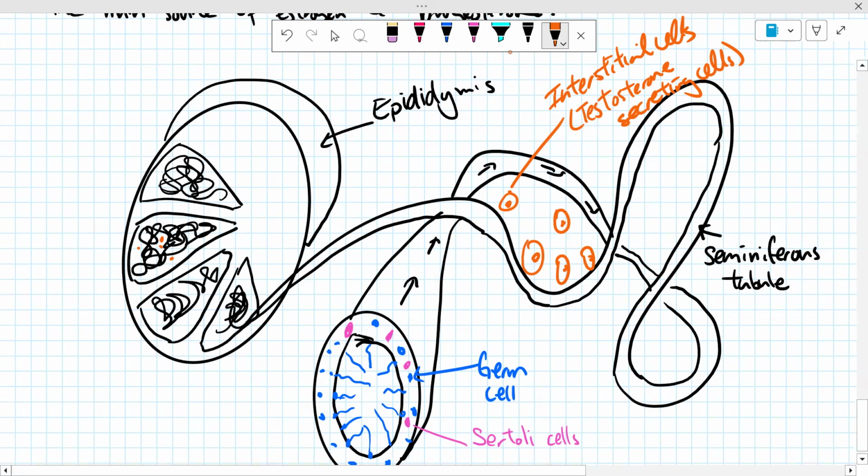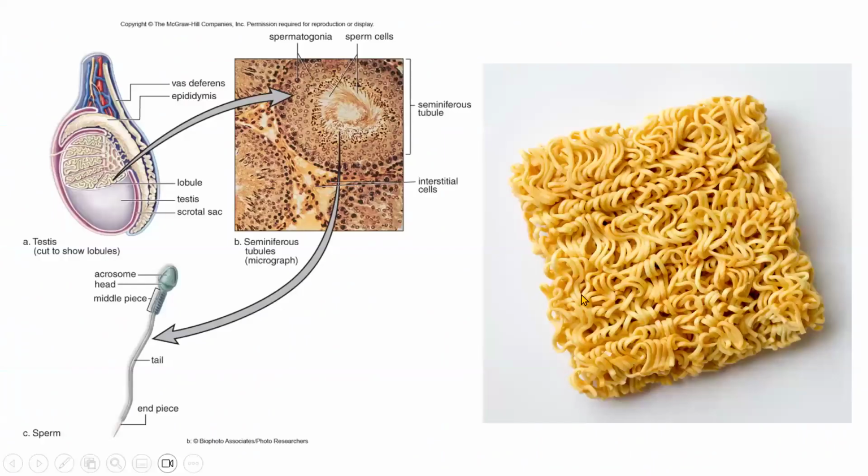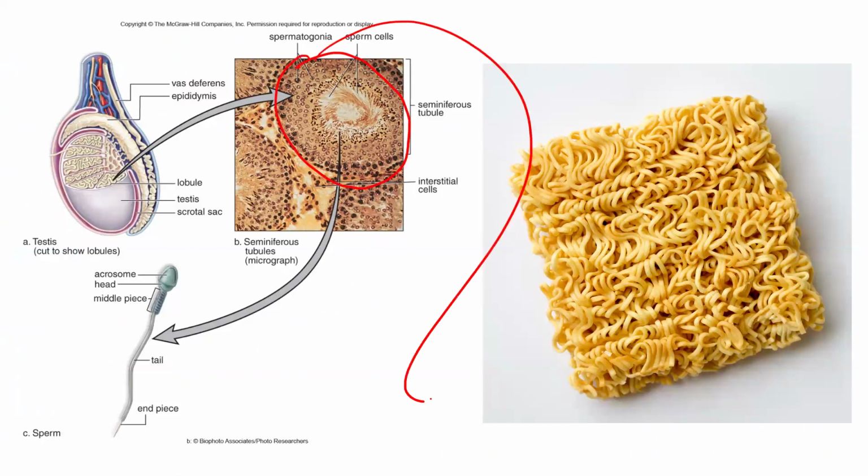Any questions? Okay, well, there you go. Now you will never think of instant noodle the same. This is the actual picture, right? That's one of the tubes that I was trying to show you.